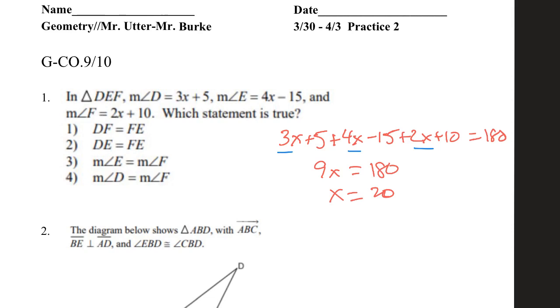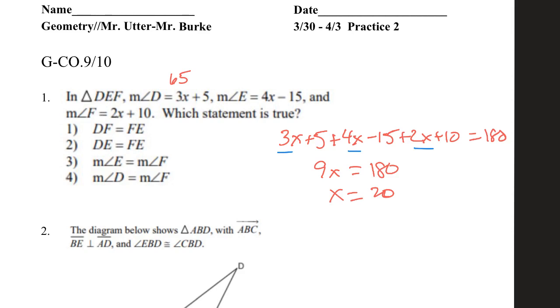All right, so I figured out x, but now I'm not done yet because I need to plug x back in for all of my angle measures. So it looks like the measure of angle D is going to be 3 times 20 plus 5, which gives us 65 degrees. Measure of angle E is 4 times 20, and then minus 15.